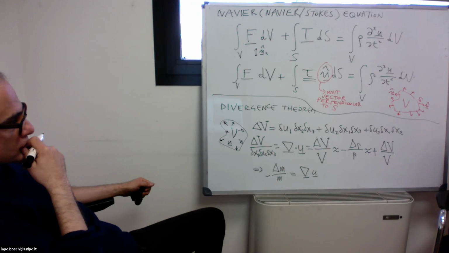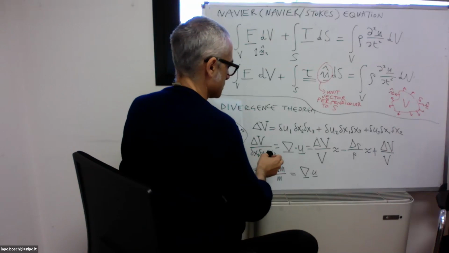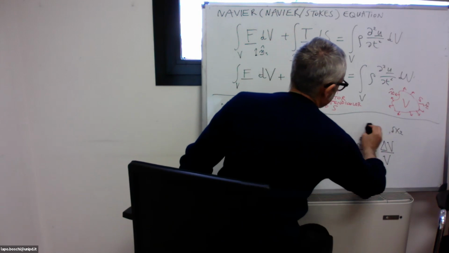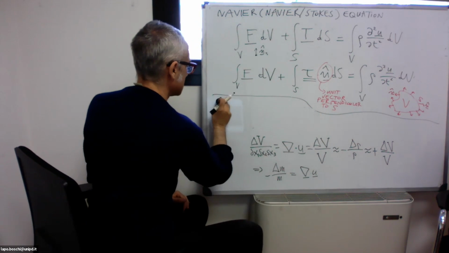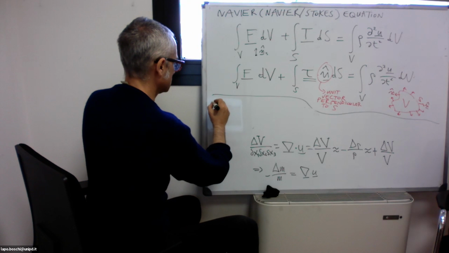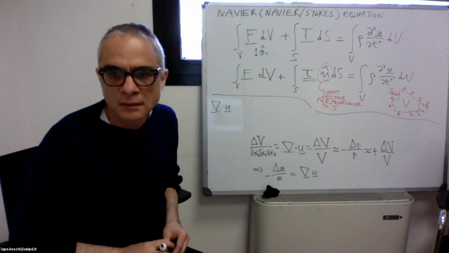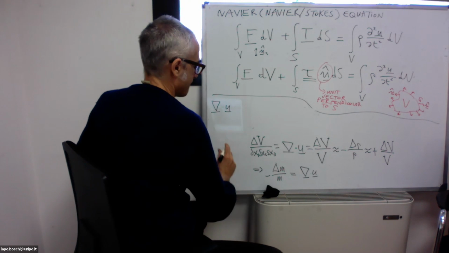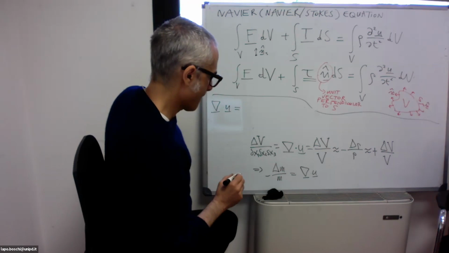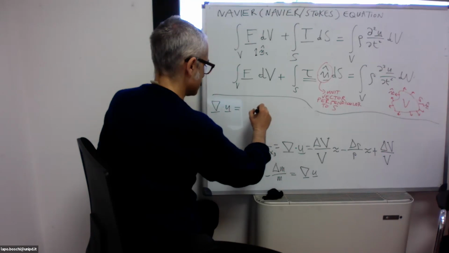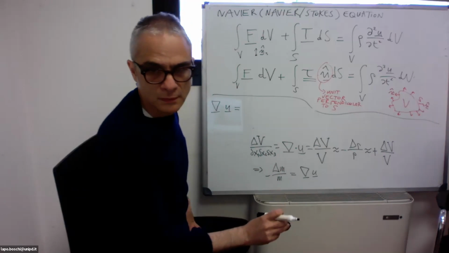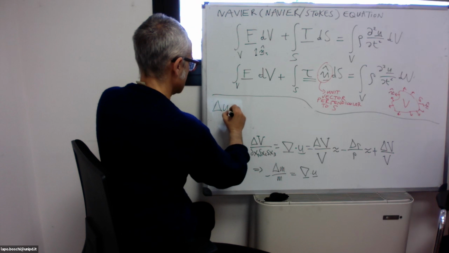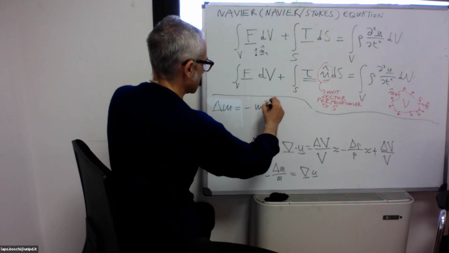So the point here is that the divergence of u equals, no, excuse me, delta m equals minus m divergence of u.